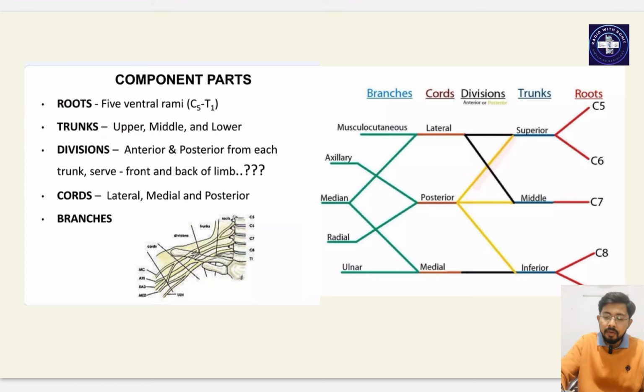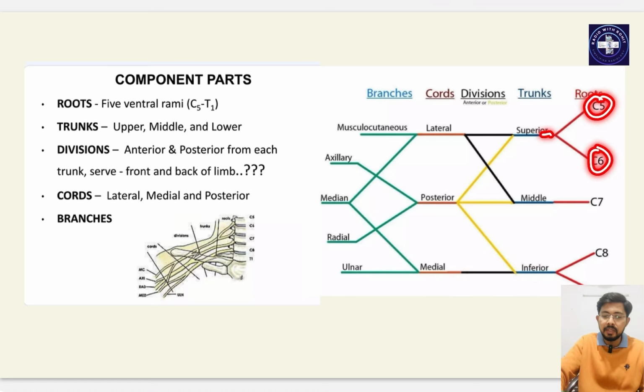Now these divisions will merge together and form the lateral, posterior and medial cords. The lateral cord is formed by the anterior divisions of the superior and middle trunk, while the posterior cord is formed by the posterior divisions of the superior, middle and inferior trunk, and the medial cord is formed by the continuation of the anterior division of the inferior trunk.